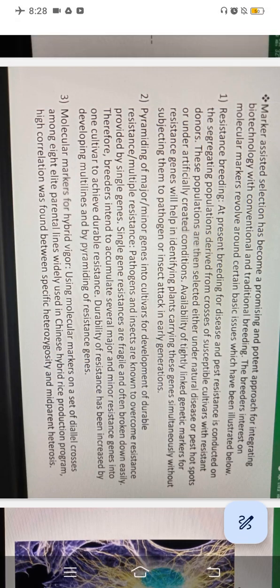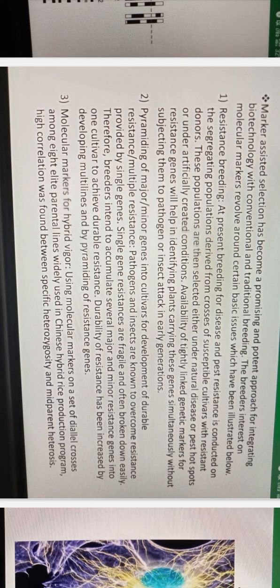Marker-assisted selection has become a promising and potent approach for integrating biotechnology with conventional traditional breeding. The breeders' interest in molecular markers revolved around certain basic issues that have been illustrated below, like resistance breeding. At present, breeding for disease and pest resistance is conducted in segregating populations derived from crossing susceptible cultivars with resistant donors.